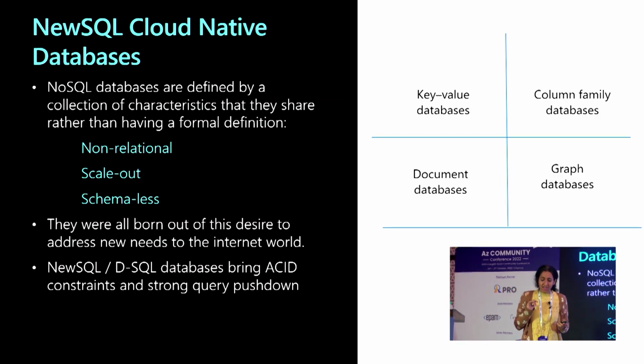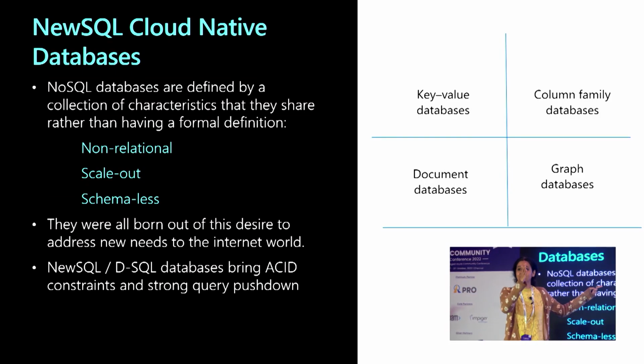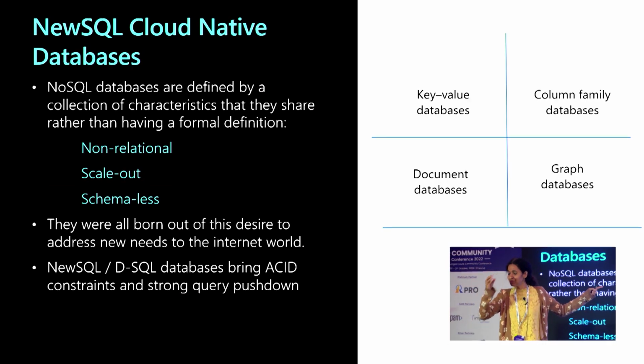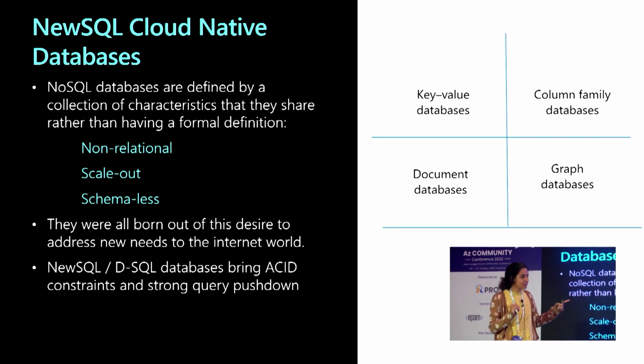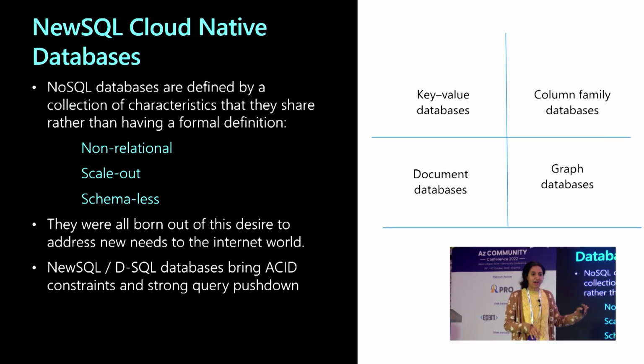In it, there could be key value components, meaning one key is the ID, value 1, value 2, value 3. Value 3 can be anything. One of the values can be free-flowing text, a nested object, or an array. It could be any object data type that you want, but it's essentially key value stores. Column family databases, similarly. Document databases are purely JSON documents. Graph data components are nodes and vertices with inbound and outbound edges. So there are multiple data structures that are possible when we talk of NoSQL databases.